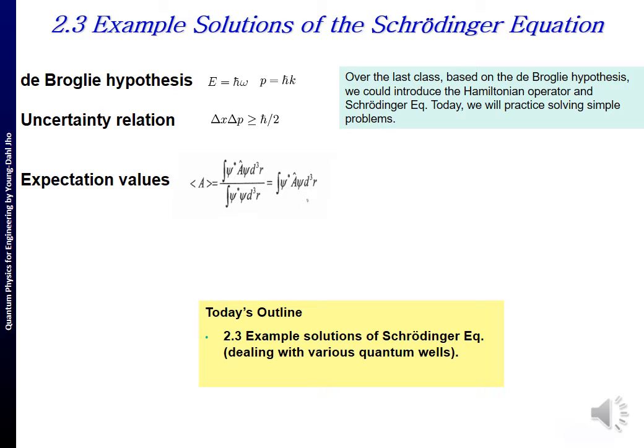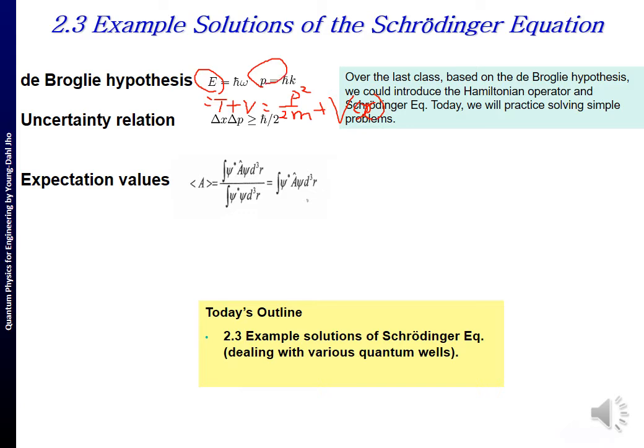And we know that in the particle picture, energy E is the summation of kinetic energy T and potential energy V. And this can also be represented like P squared over 2m, where P is the momentum, and then V represented in spatial coordinate.